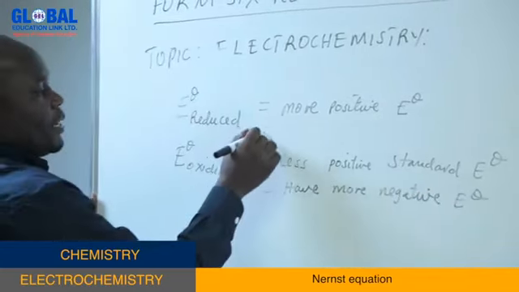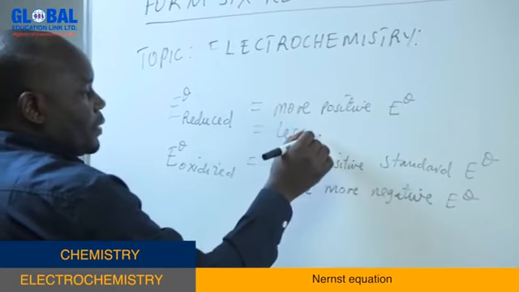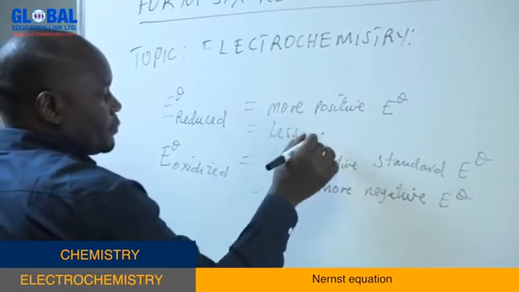That is how you can identify which species will be reduced or oxidized.